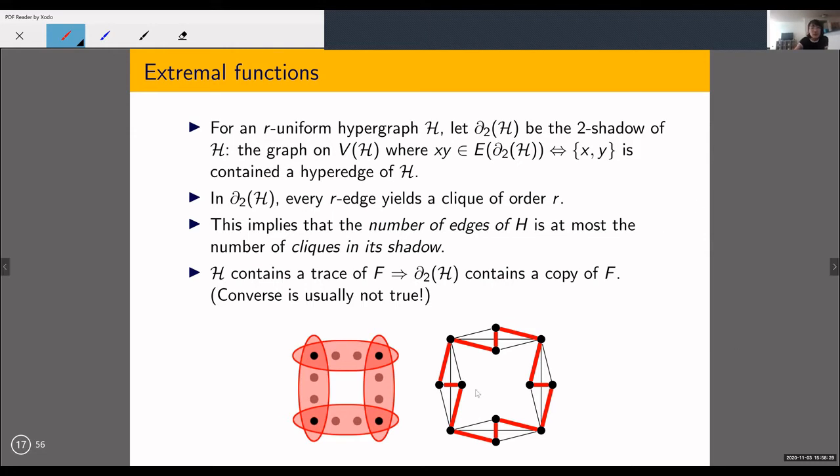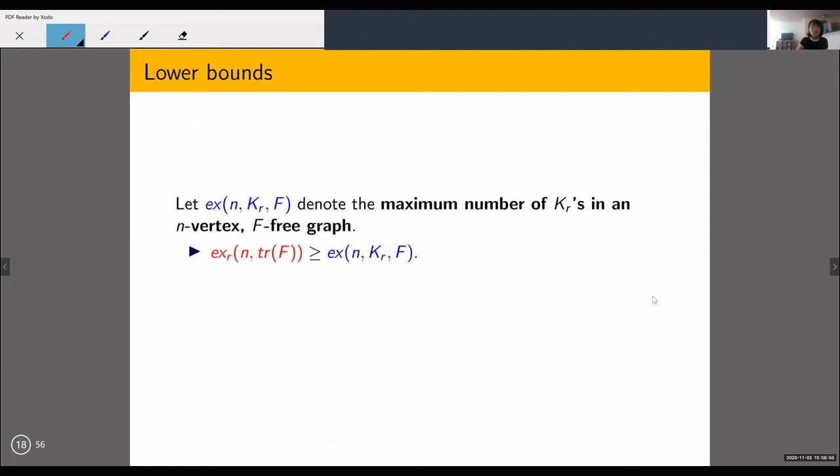So for instance, here I have a hypergraph and here I took its shadow. In the shadow, I have some very long cycles, but in the hypergraph itself, the longest trace of a cycle I have is length 4. Unfortunately, we don't have this one-to-one correspondence, but let's see what we do get.